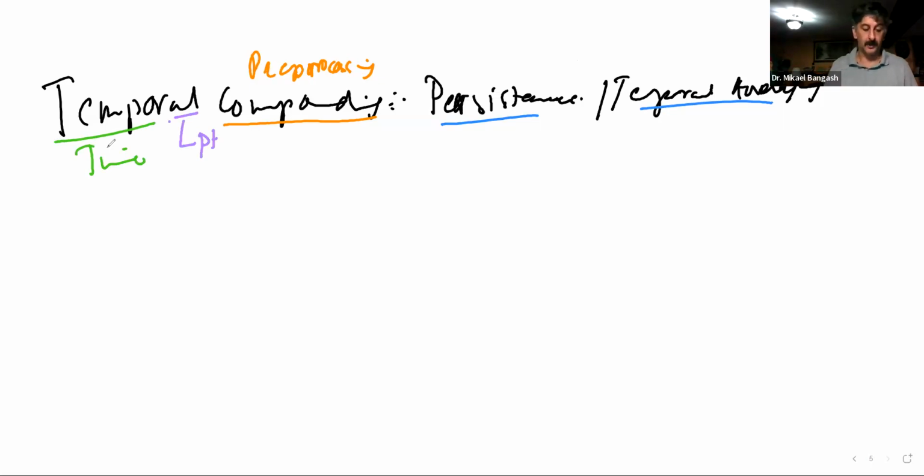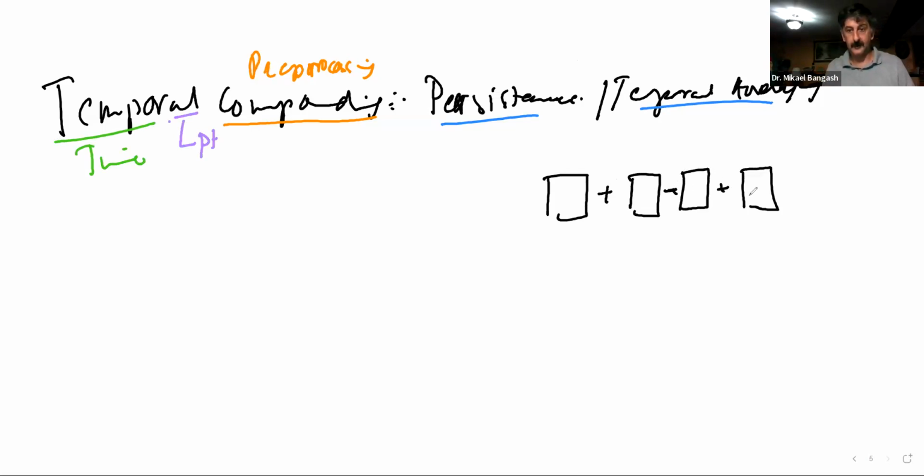So temporal compounding is mainly the compounding of different frames that are put together to make a final frame.